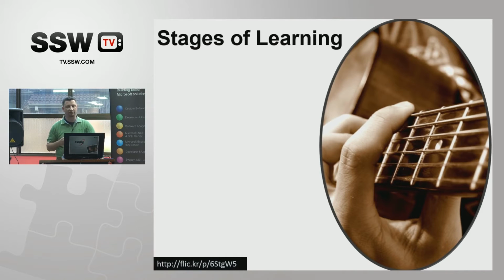Now before I get into the patterns themselves, I want to talk a little bit about learning, because I've found that as I work through learning new design patterns, and there are many of them, and I probably don't know even half of the ones that have names out there, I go through these different stages. I think this applies not just in software or to design patterns, but also if you're a musician or a martial artist or a sports player.